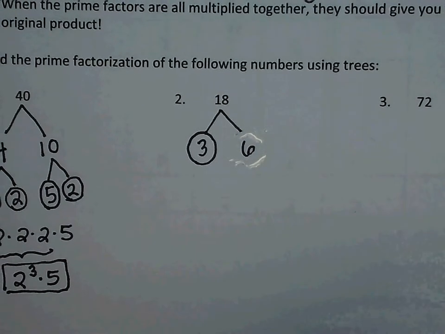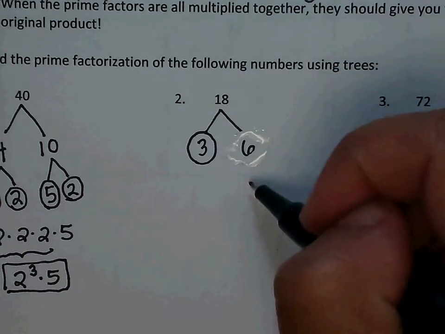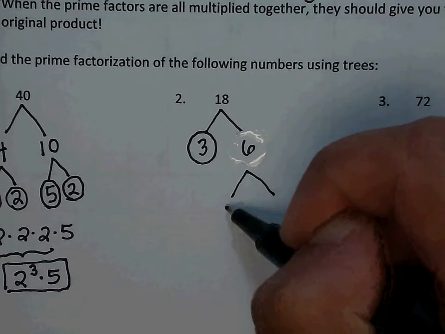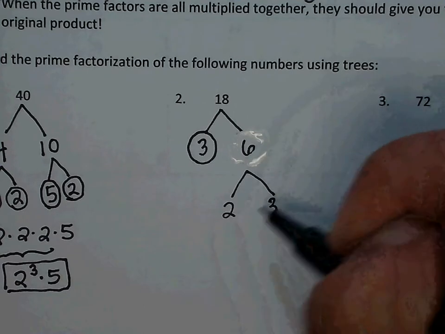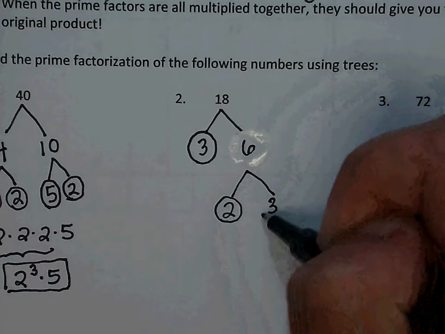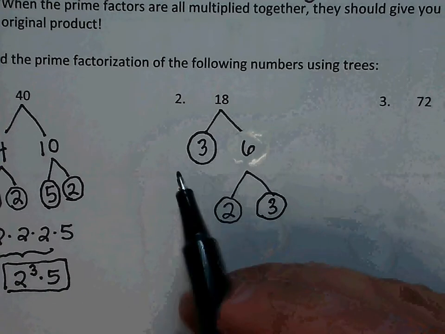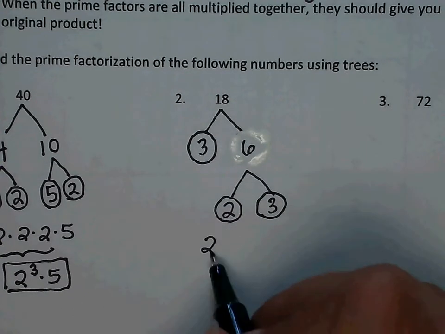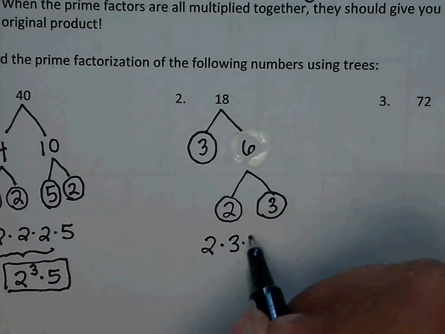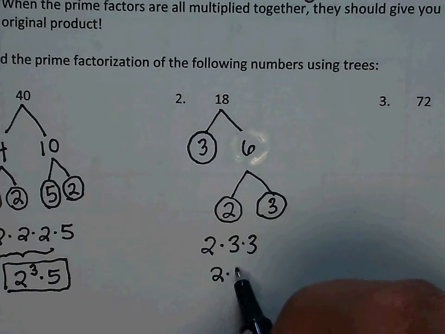Okay, from 6, sorry about that. From 6, we're going to break it down to 2 times 3. Well, 2 is prime, circle it, 3 is prime, circle it, and now we're done. Let's write it in a string. Remember, least to greatest, so 2 times 3 times 3, which is 2 times 3 squared.